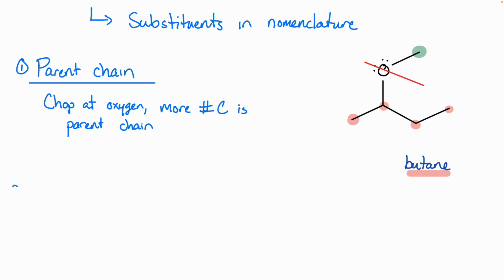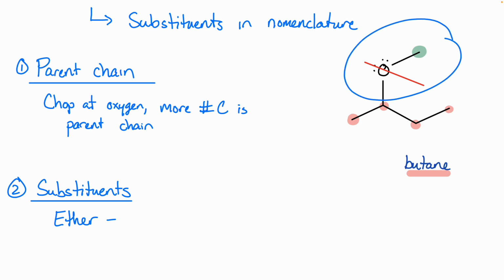All right, so then how do we name that other portion here? We said we're going to treat it as a substituent, but how do we name it? So now when we get to our substituent section, our ethers are treated as a substituent, and the name of that substituent group, right? We have chloro groups and fluoro groups. So how do we name this thing here?